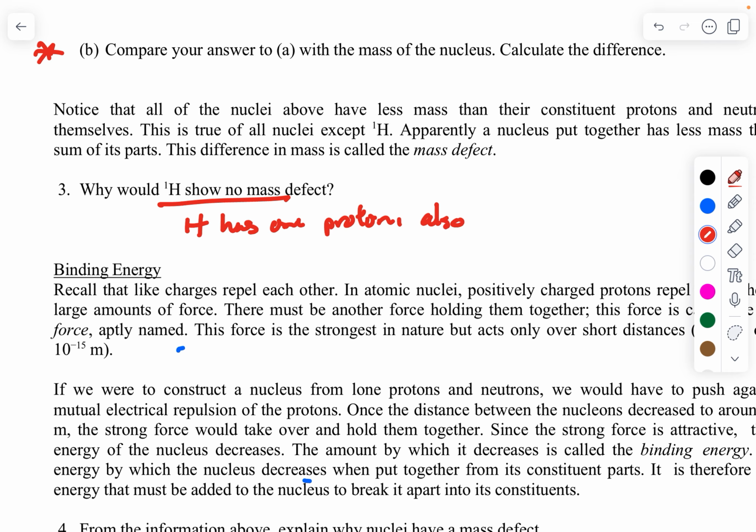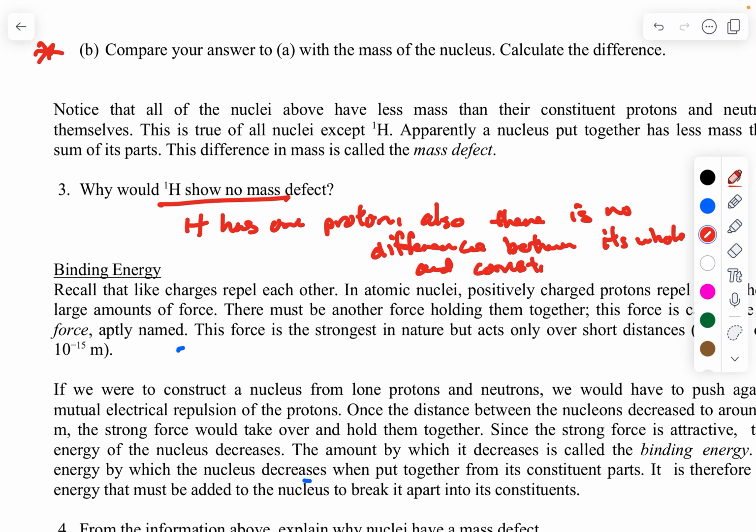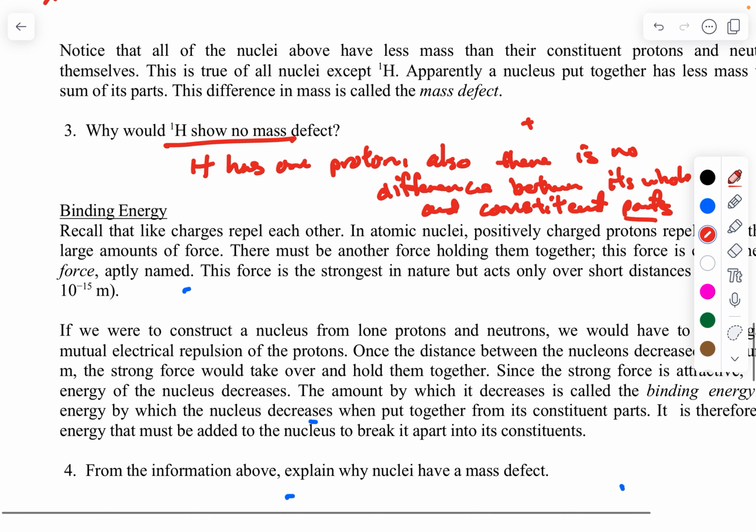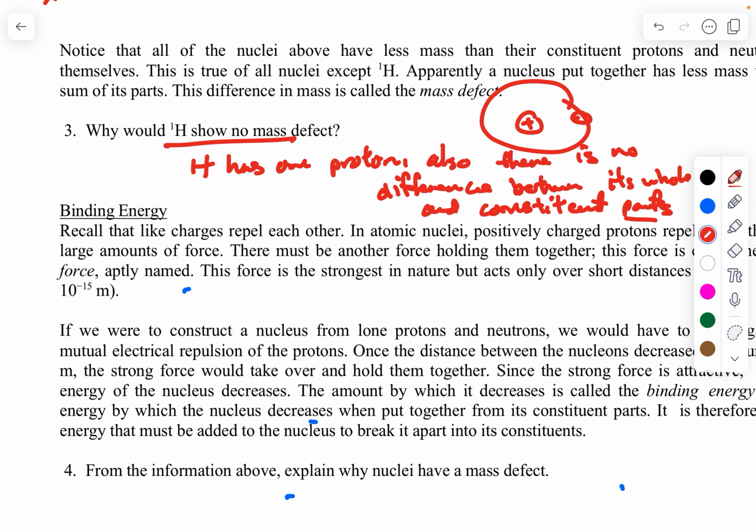There is no difference between its whole and its constituent parts, because it's the same. There's only one proton, that's it. So how can you have a mass defect?